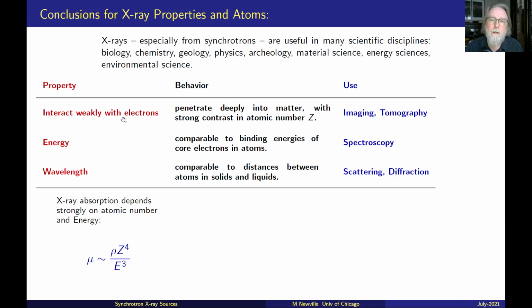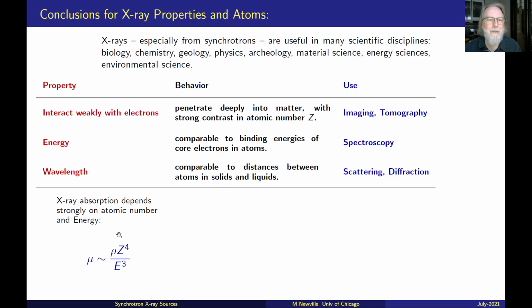And that's because they interact weakly with electrons, so they penetrate deeply. And they have energies that are comparable to the binding energies, so spectroscopy can be done on the elements, core level spectroscopy of atoms. And then the wavelengths allow us to do these amazing diffraction and scattering experiments.